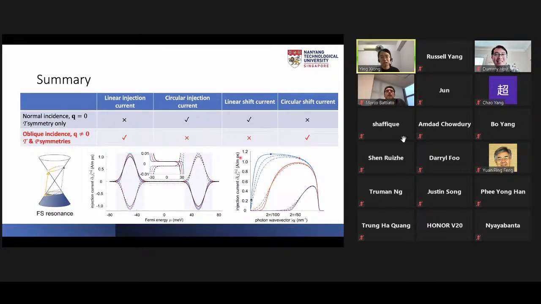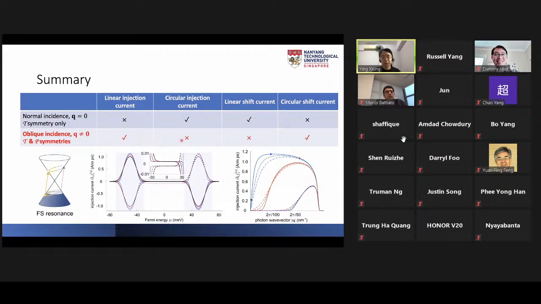So with this, I come to the summary of my talk. We find that on the oblique incidence of light, the non-vertical interband transitions can induce a finite bulk photovoltaic effect, even in materials that preserve both P and T symmetries.